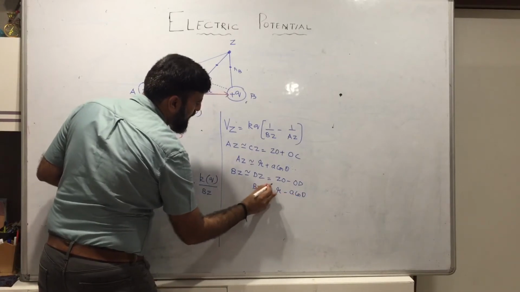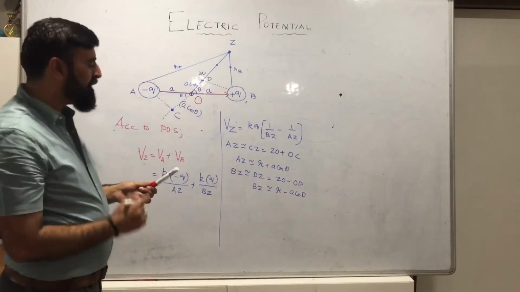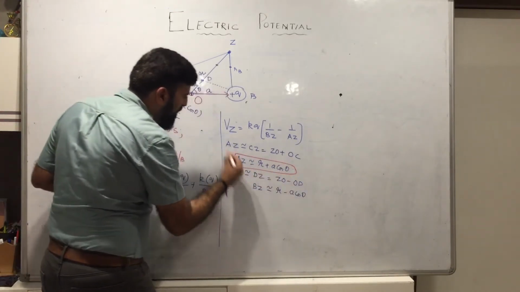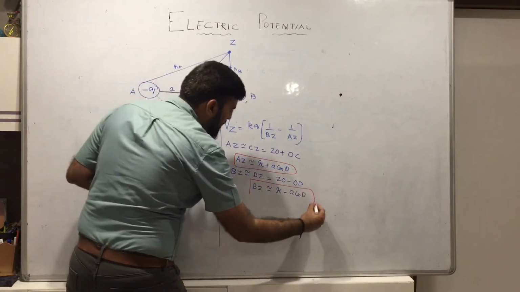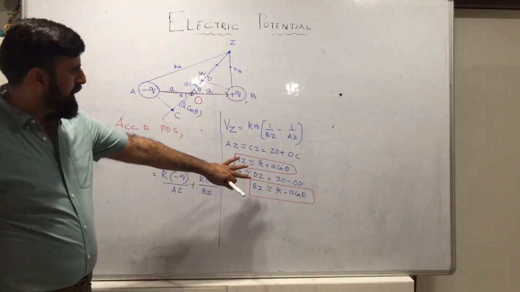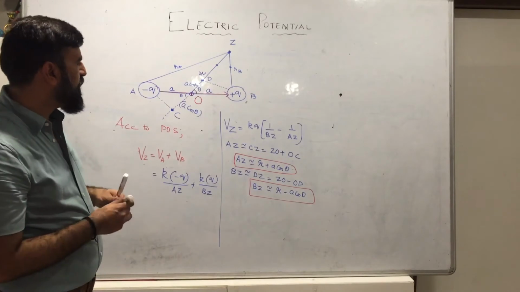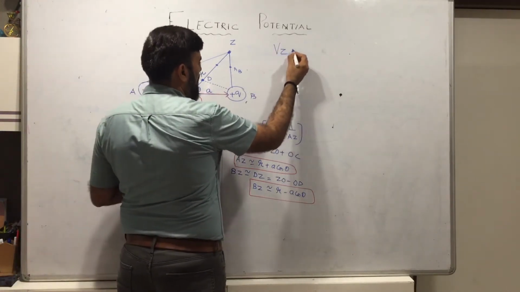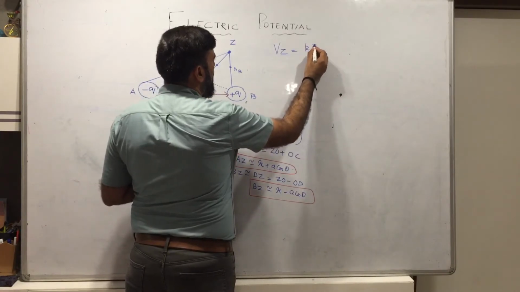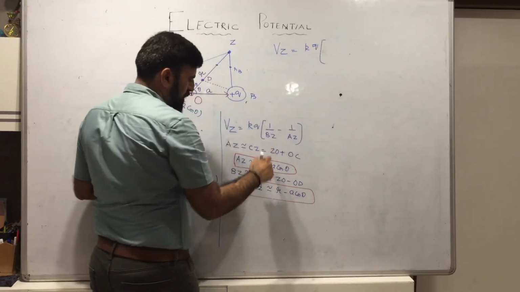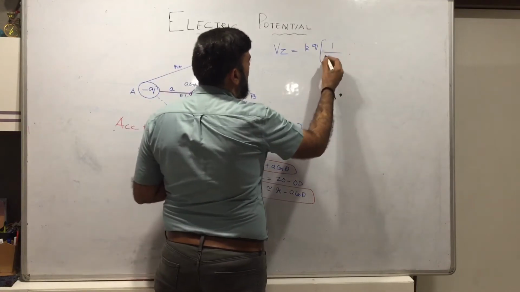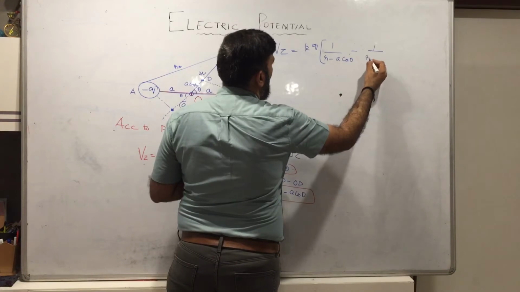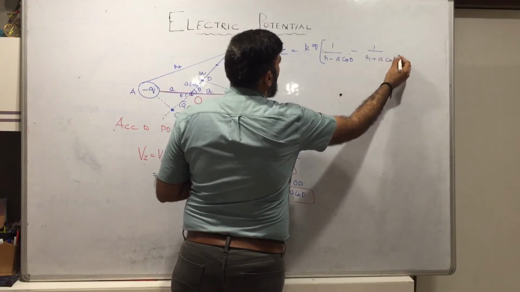So what I have done here is, I have found out two expressions, one of AZ and the other expression of BZ. Let me substitute these two expressions in my main expression of potential. What is the main expression of potential? VZ, which is equal to K into Q, into 1 by R minus A cos theta minus 1 by R plus A cos theta.